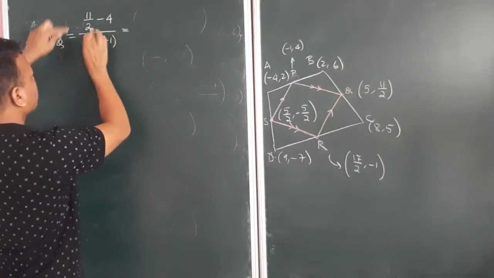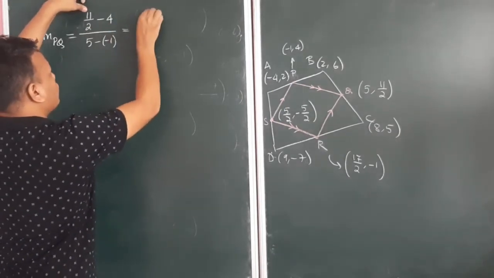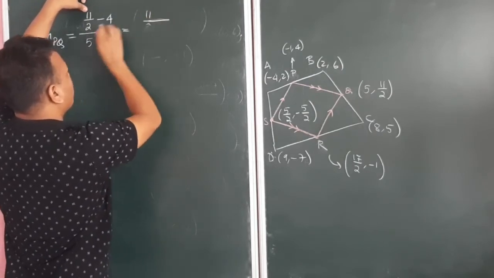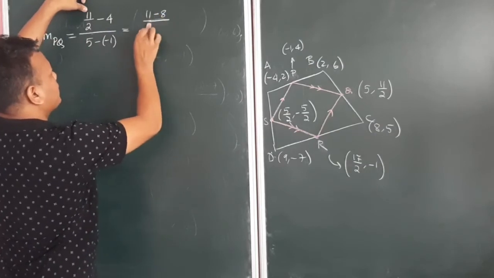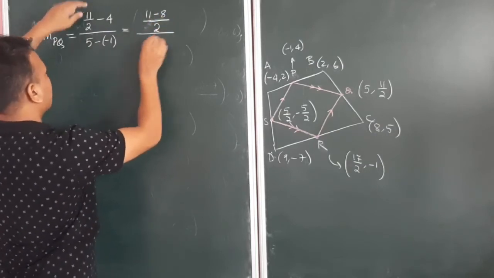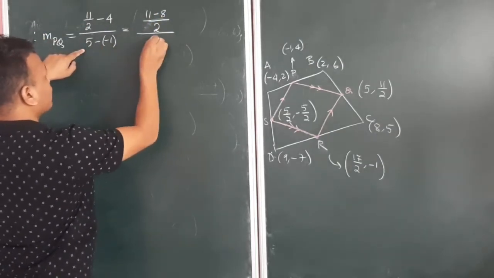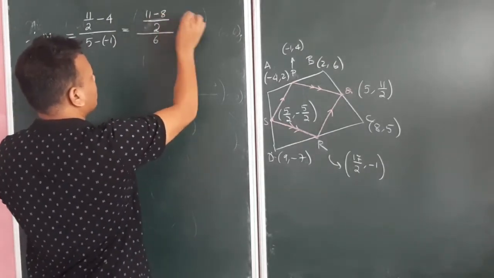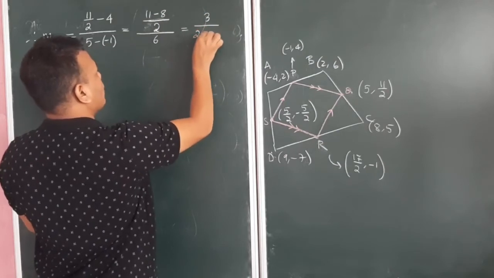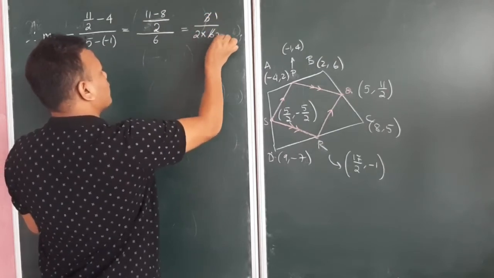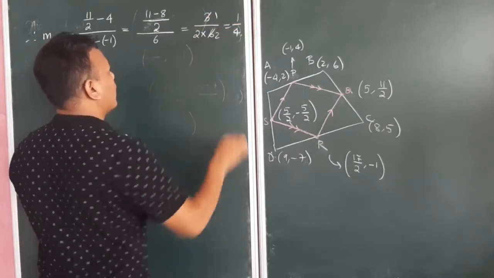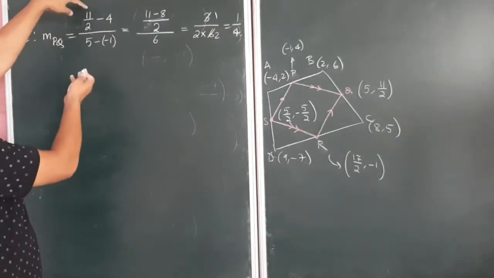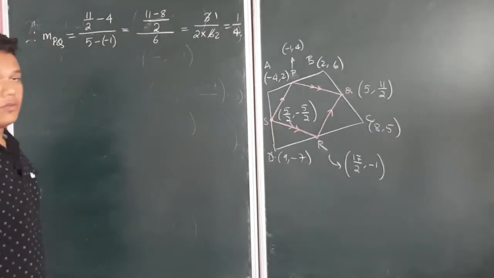Let us calculate this. This is 11 minus 8 by 2 whole divided by 6, so this is 3 by 2 into 6, this 2 gets cancelled, so this is 1 by 4. I hope you will be able to calculate this. This is a basic thing, so it has to be 1 by 4.